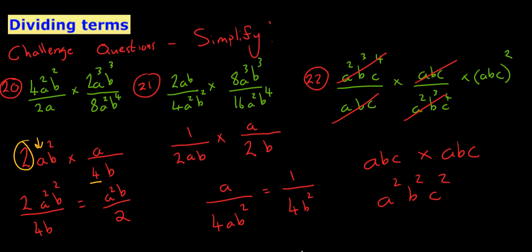We got a cubed divided by a squared, which is just a. And then we're left with b down the bottom. Now we can multiply straight out, or we can perform a simplification. 2 over 4 is just the same as half, which is 1 over 2. a times a is a squared, and b squared divided by b is just b.